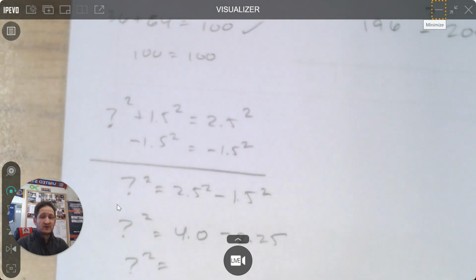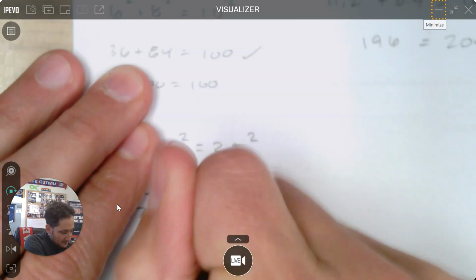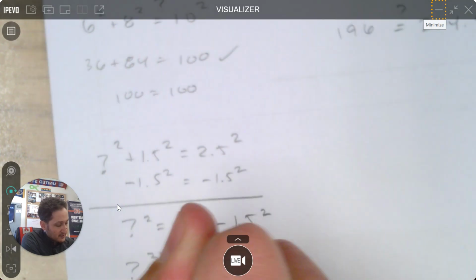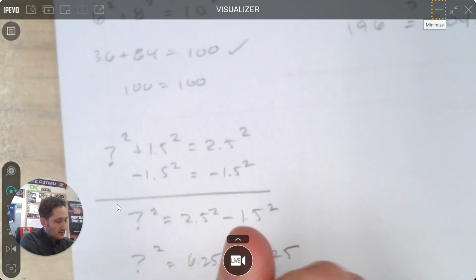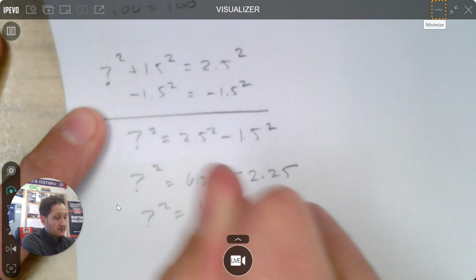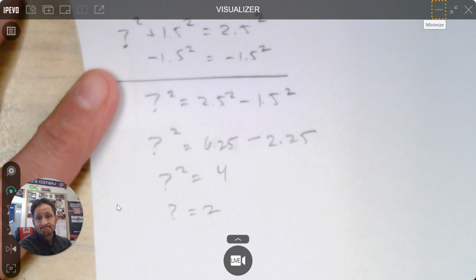Hold on, make sure I'm doing this right. Wait, 2.5 squared is 6.25. What am I doing? Sorry, 2.5 squared is 6.25. There we go. Minus 2.25. That gives me 4. Square root of 4? Question mark is 2.